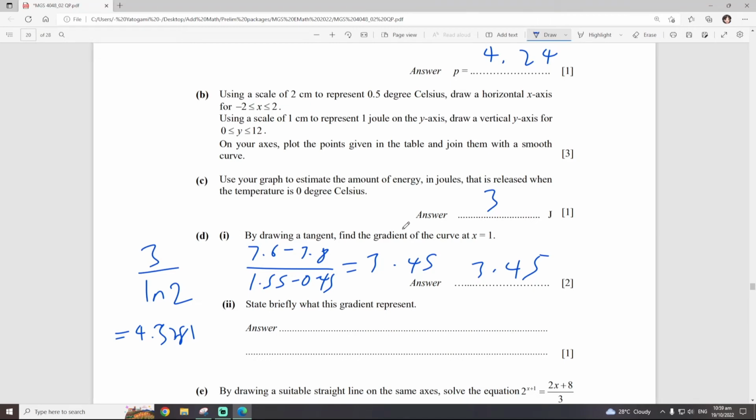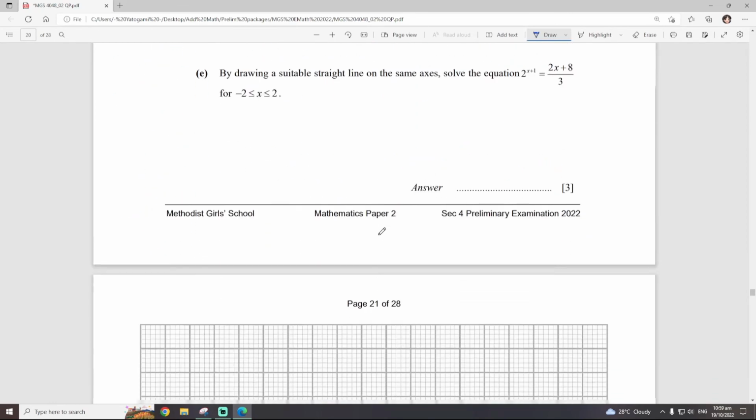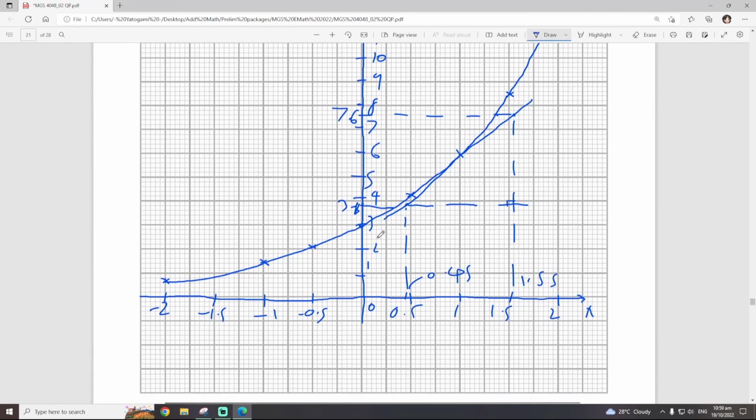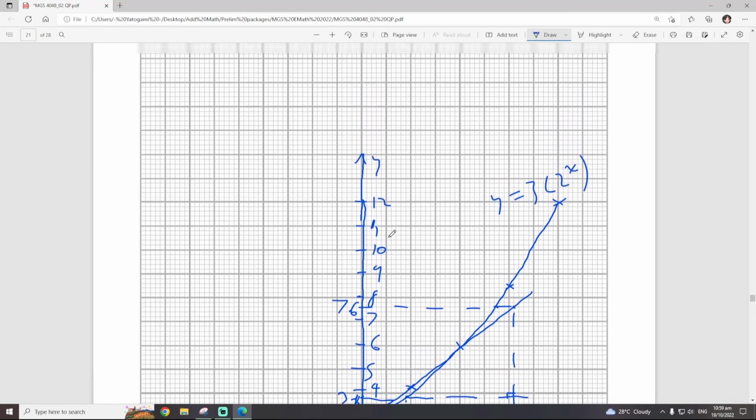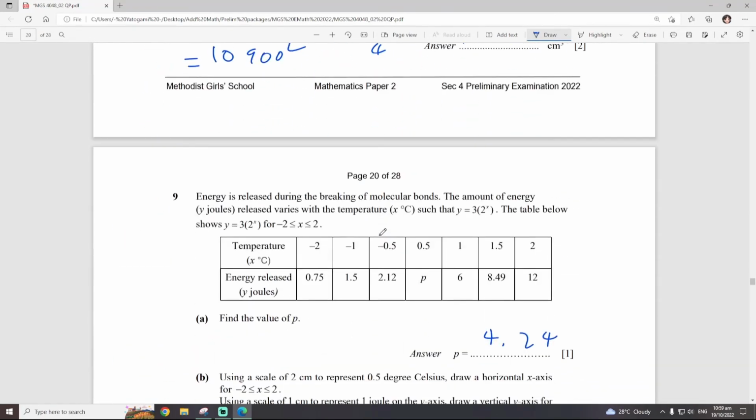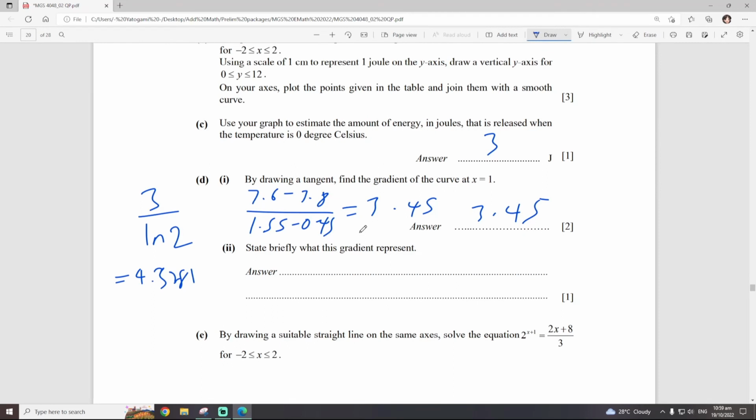State briefly what the gradient represents. It is the rate of increase of energy released.